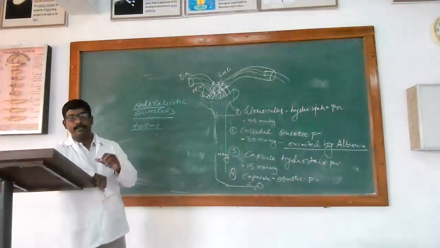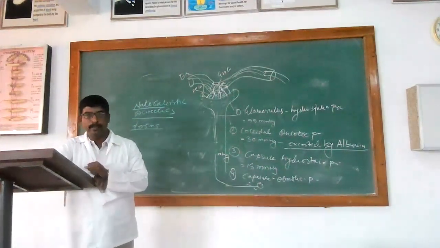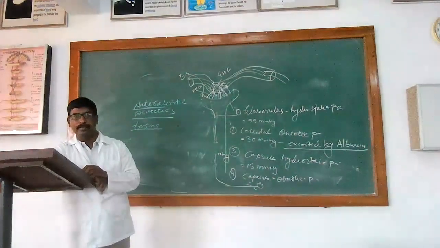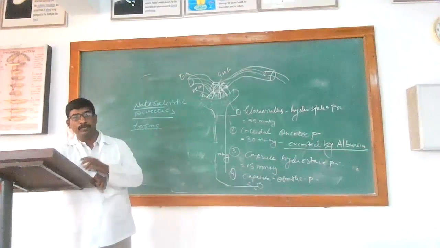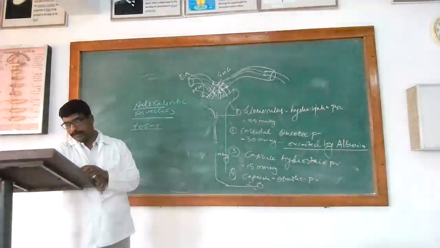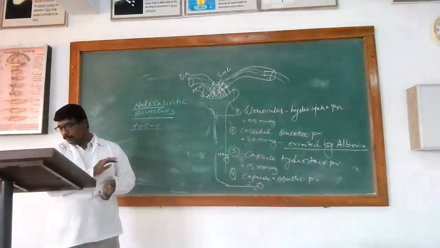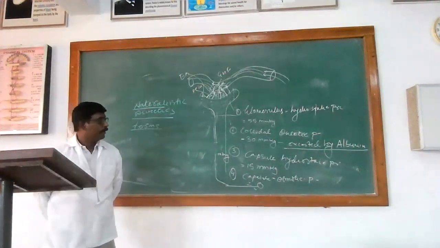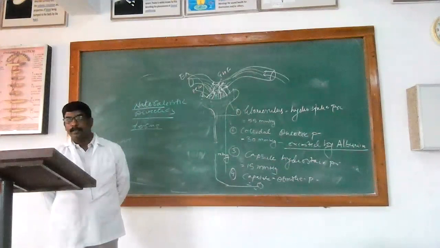Whatever substances are required or essential for our body, it does not allow to be lost into the urine. So we can say it is a master machine in our body that can restore our essential solutes. First we will see how the nephron works in the reabsorption of these essential materials.